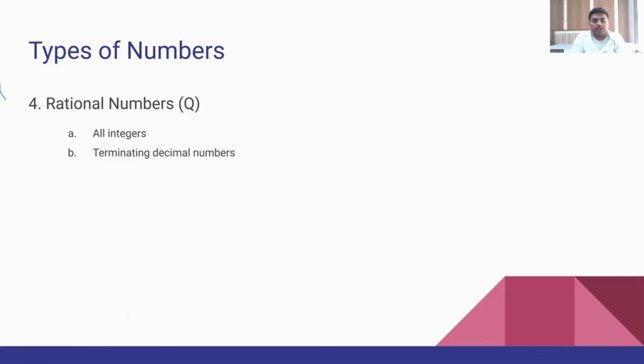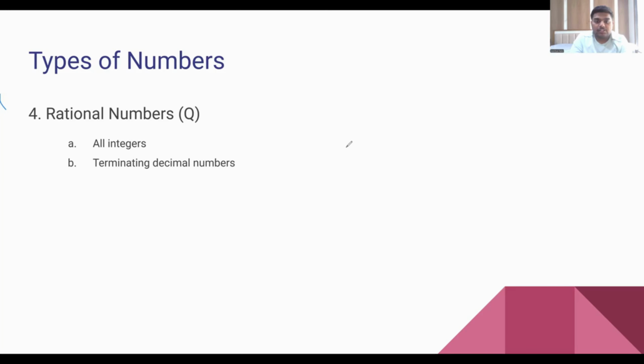Then all the terminating decimal numbers, which means the numbers like 2.35, 12.50, 16.96667, and so on.